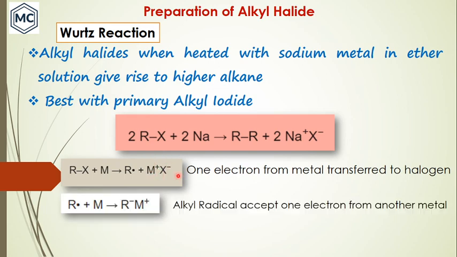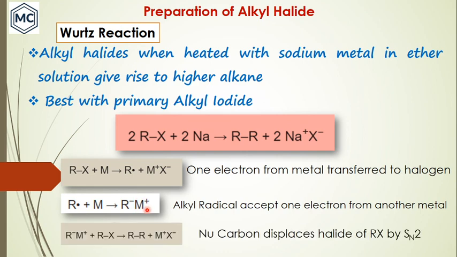Next, this alkyl radical accepts one electron from another metal and forms a carbanion, R minus and M plus. And in the third step, this carbanion can replace this X by nucleophilic substitution.